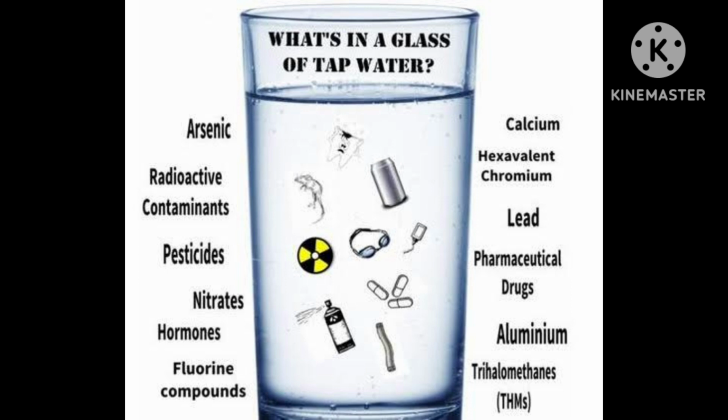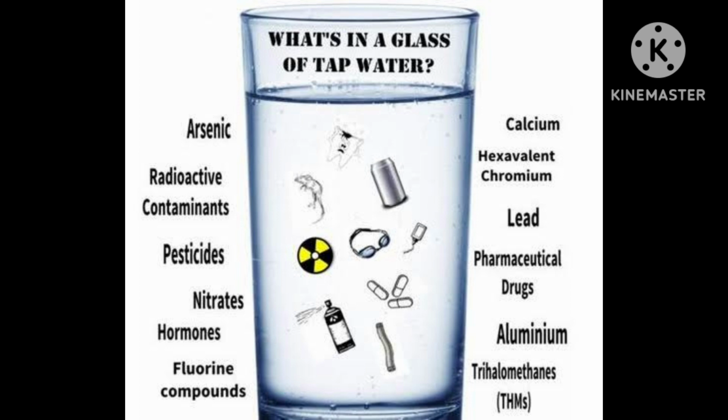Here the main reason is pathogens. Pathogens are the main reason of water pollution. The most serious water pollutants are the disease causing agents. Disease causing agents are called pathogens, like bacteria.